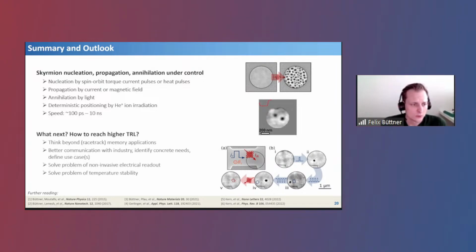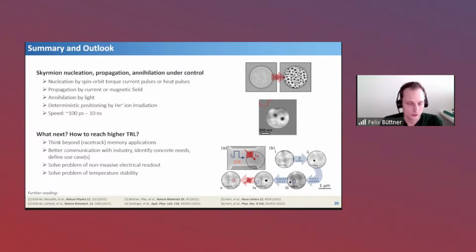So what is next? How can we now reach a higher technology readiness level? I encourage people to think beyond racetrack memory applications, not only because racetrack memory is kind of difficult to design, but also because there are, I think, better cases where skyrmions can make a unique contribution to a problem where there is no incumbent technology.